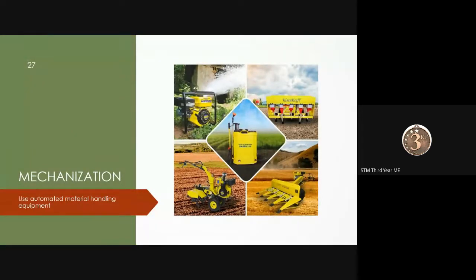Also, we can reduce the time delay that is occurring during the process. So that is why we are using mechanization, and in the future maybe the human resources can be completely replaced by machines, that is robots, thereby completely mechanizing each and every process.